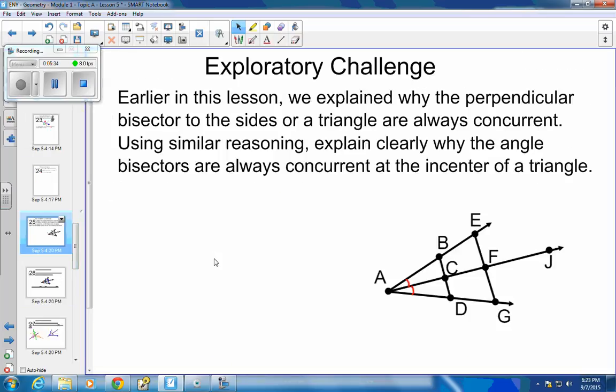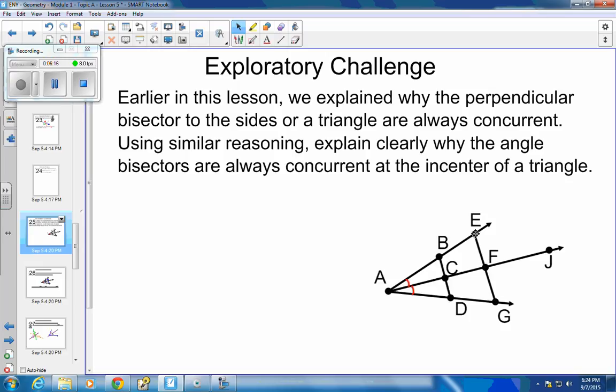Okay, so let's explore this next piece. We had this picture, I believe, either back in lesson 4 or lesson 3. And in that earlier lesson, we explained why the perpendicular bisectors to the sides of a triangle are always concurrent. Remember, this is our angle bisector, and when we folded along our angle bisector, we noticed that E was coinciding with G, which means when you folded it, E would land right on G, and B coincided with D. We said that segment EF mapped onto segment FG, which meant that EF had to be the same length as FG.